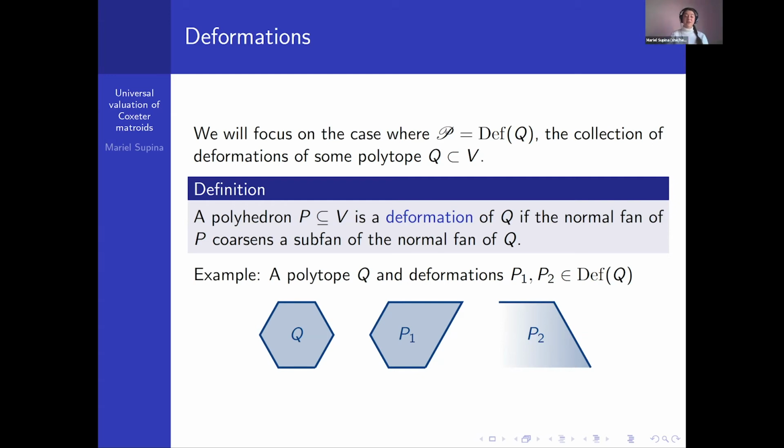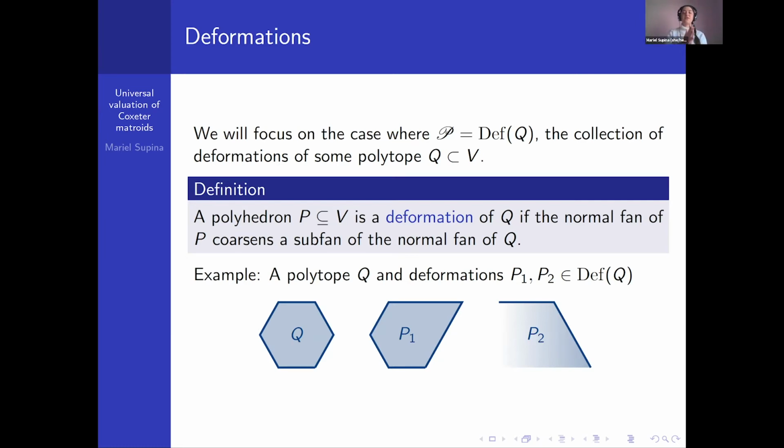So for example, here, if Q is this hexagon, then I can take this upper right edge and translate it out along its normal vector until it's gone, basically.